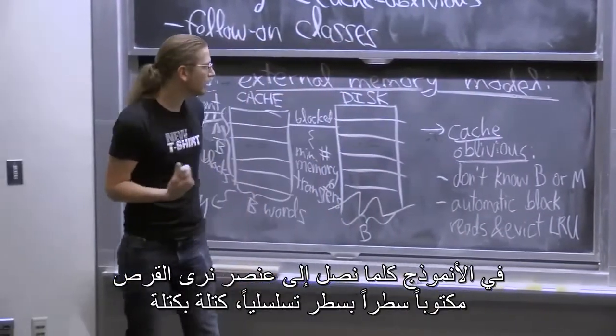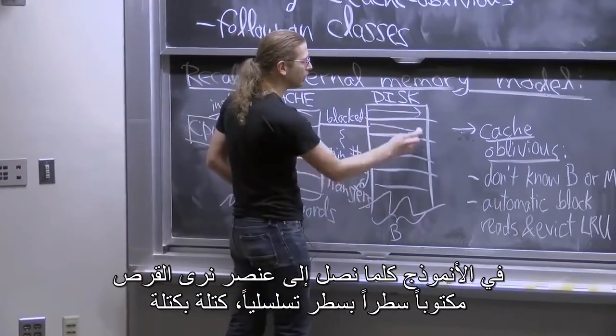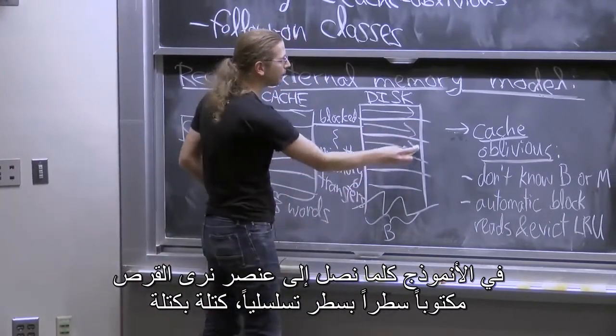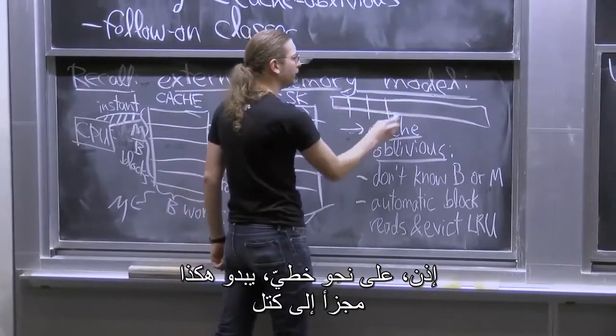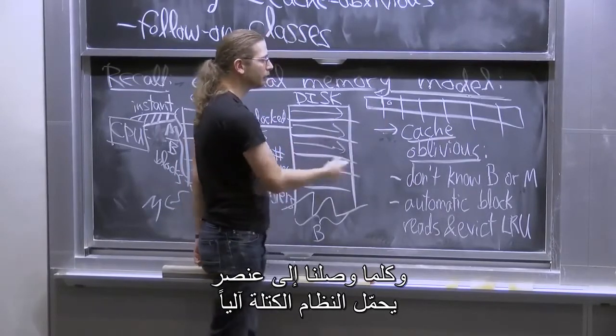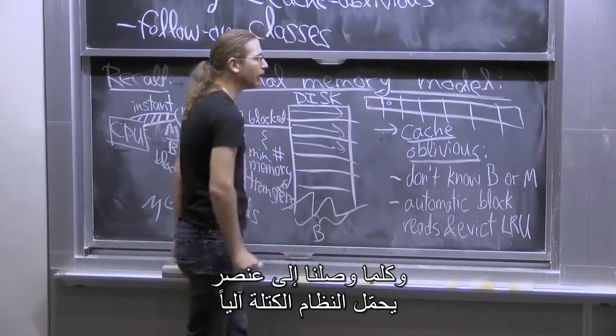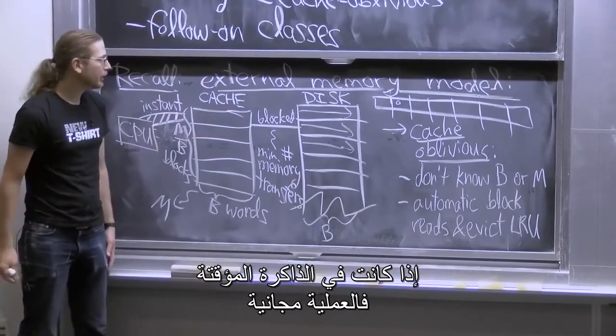So the model is that whenever you access an item, you view the disk as just written row by row, sequentially, block by block. So linearized, it looks like this, partitioned into blocks. Whenever you touch an item, the system automatically loads that block if it's not already in cache. If it's already in cache, it's free.